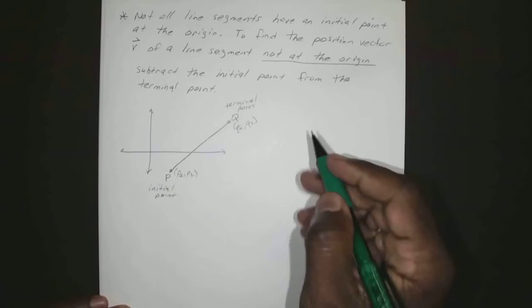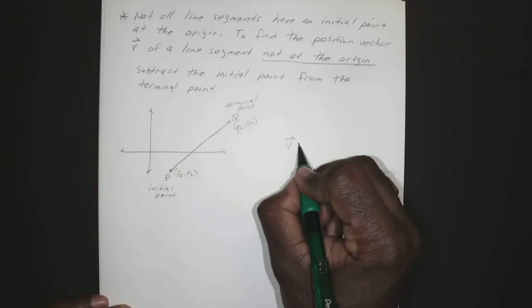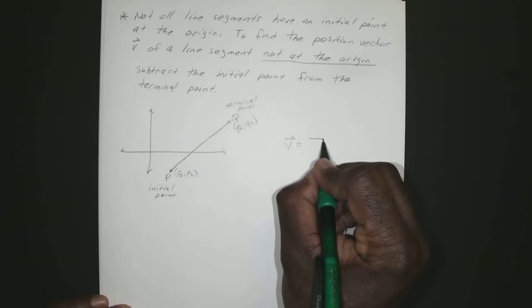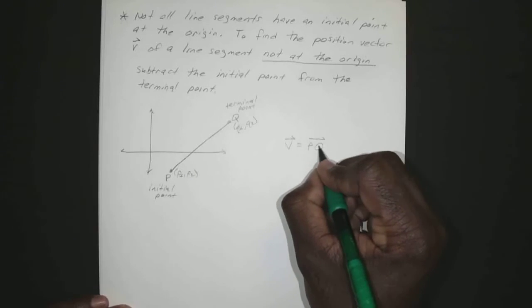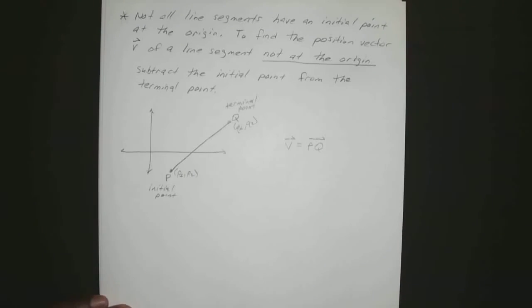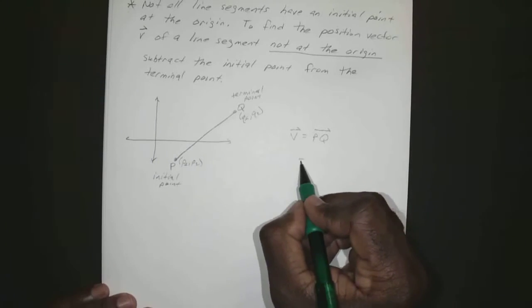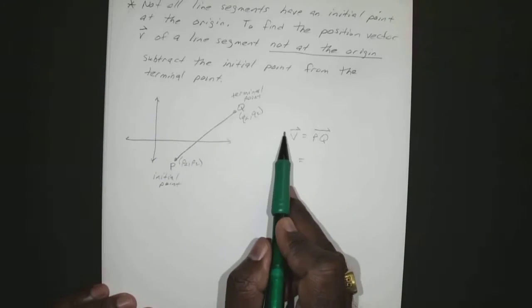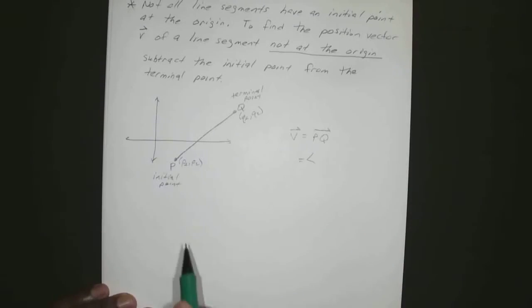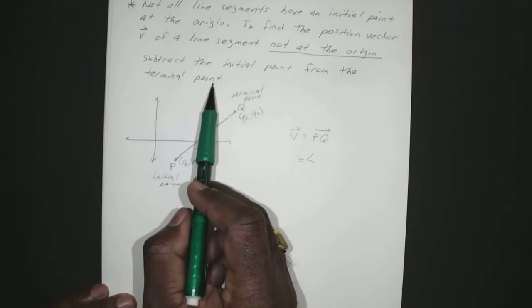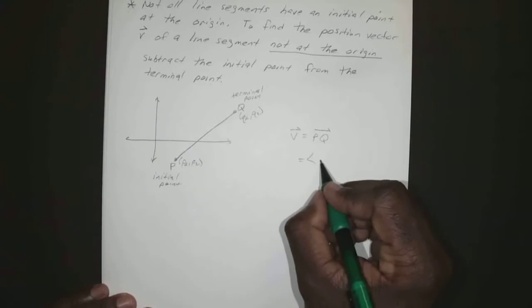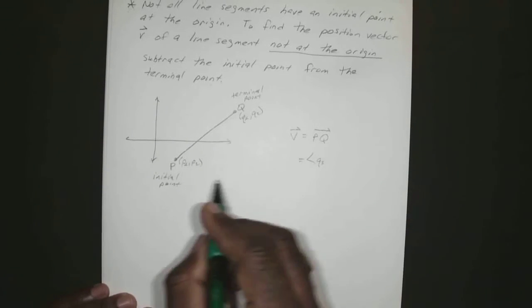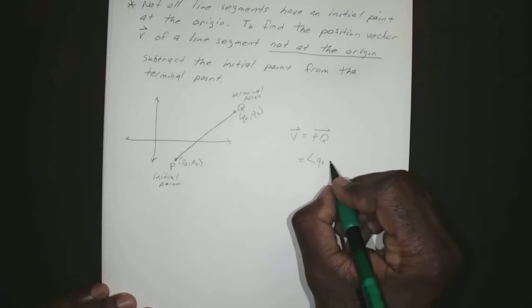Now our vector is going to equal the line segment, or the directed line segment, from our initial point P to our terminal point Q. Okay. But remember, in order to find out what that vector is, we subtract our initial point from our terminal point. So that would be our terminal point minus our initial point.